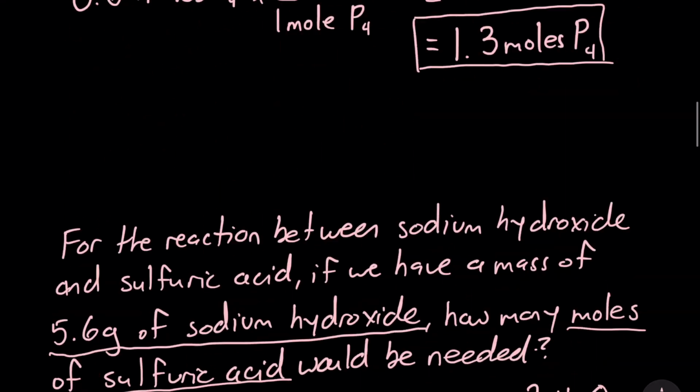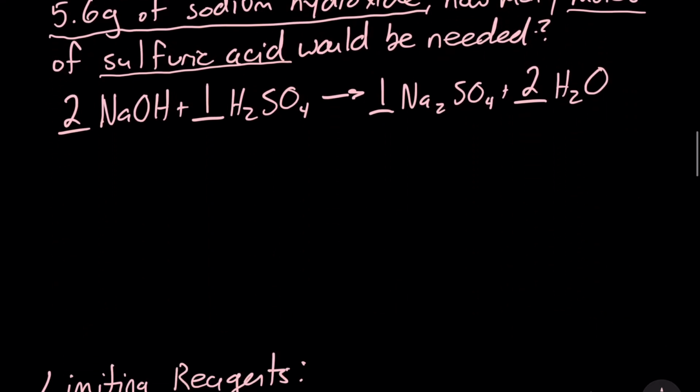So let's take a look. So we'll start off with, again, 5.6 grams of sodium hydroxide, so NaOH, times a fraction line. Perfect. And we have to get to moles of NaOH. So we're going to need that molar mass there. I'll save you some time. I have it written down already.